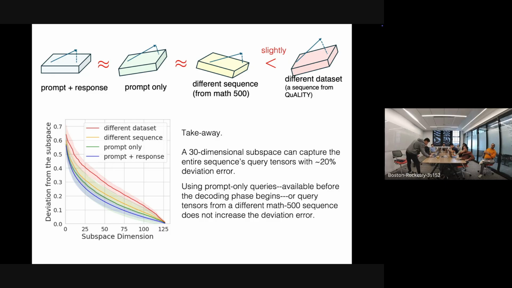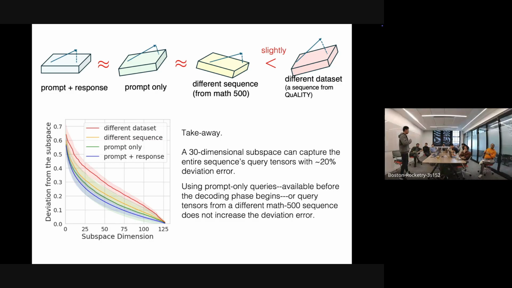As you can see, the blue curve is where I use prompt plus response tokens together to form this subspace. And as you could imagine, that gives you the lowest deviation error. But if you look at the green curve and the yellow curve, they're quite similar to prompt plus response, right?